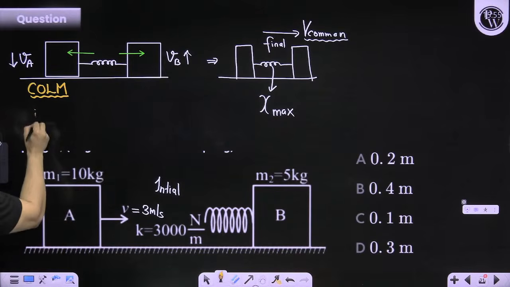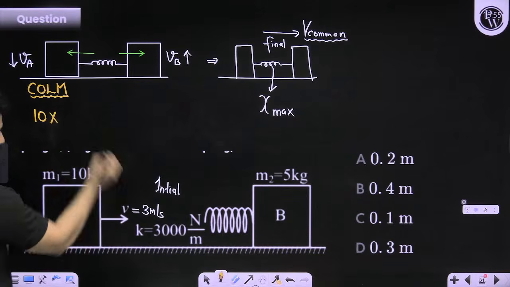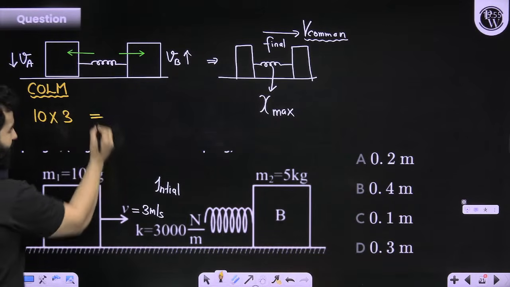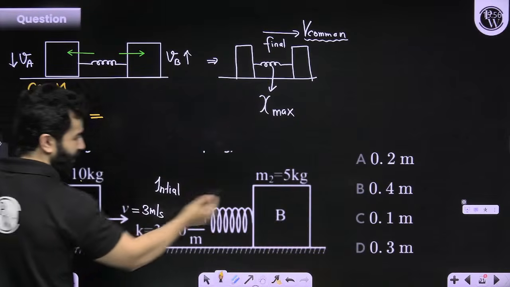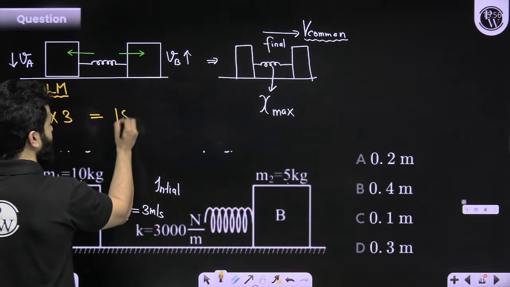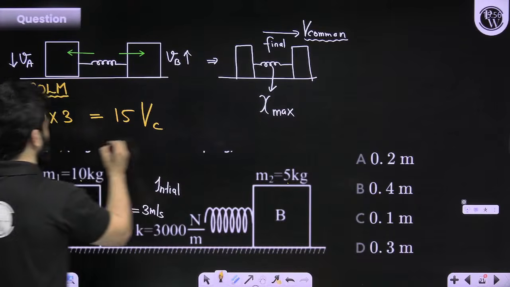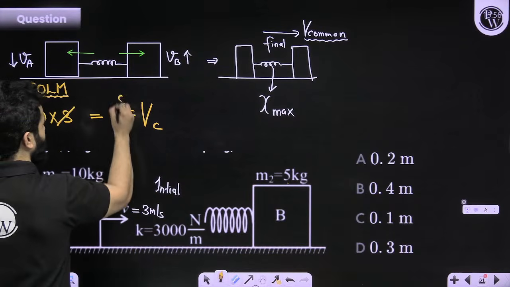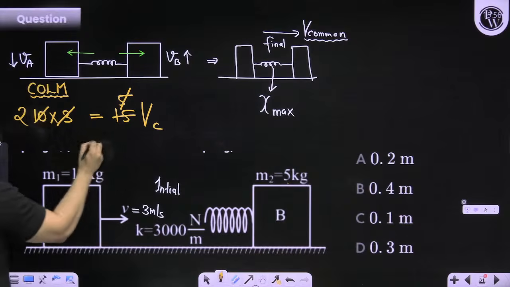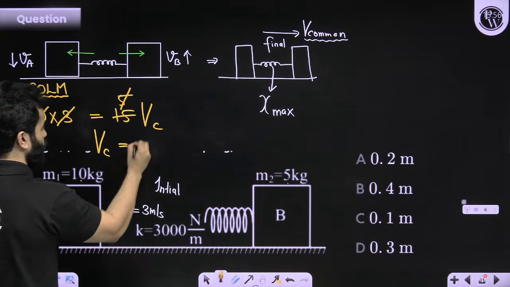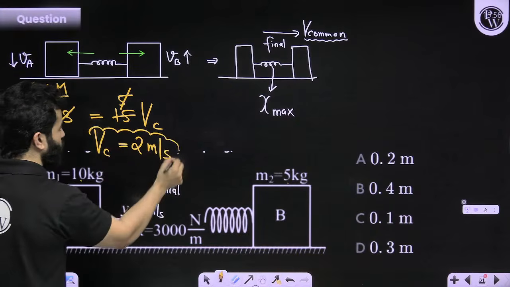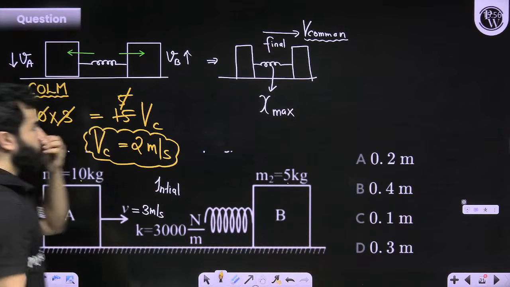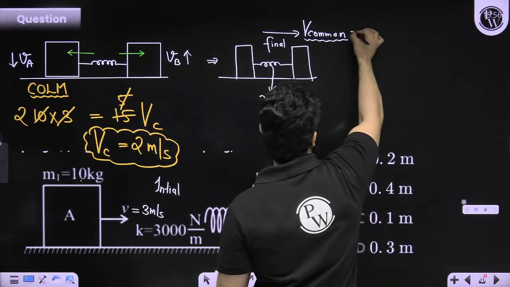Mass 10 into 3, and this is at rest, equals mass 10 plus 5, that is 15, multiplied by the common velocity. This will become 5, this will become 2. That means the common velocity comes out to be 2 meter per second. So they are moving with 2 meter per second of velocity.